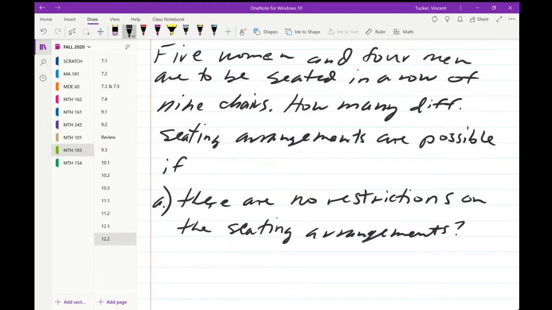How many different seating arrangements are possible if there are no restrictions on the seating arrangement? So we'll look at that one first. We have an A and a B.